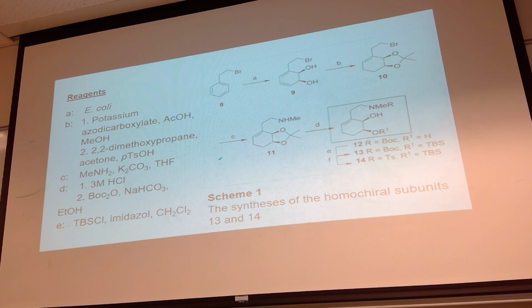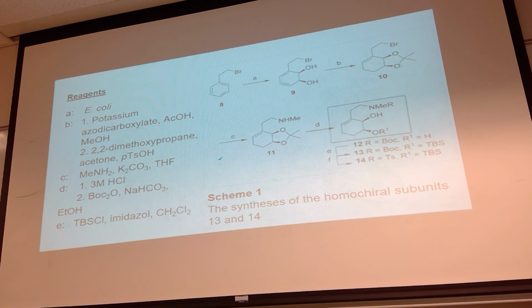Since that is protected, they performed an SN2 reaction, replacing the bromine with the amine. And from there, they removed the acetonide group with 3 molar hydrochloric acid and placed a Boc protecting group on the amine, which we see here in the boxed compound.